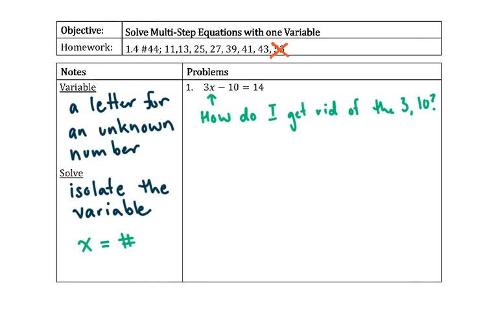So we're going to start by getting rid of the 10, and so we have minus 10. The inverse or opposite of subtraction is addition. So when we add 10 to both sides, minus 10 plus 10 cancels out to being 0. So you might write 3x plus 0. But that's just 3x. So now we can see we've gotten rid of the 10.